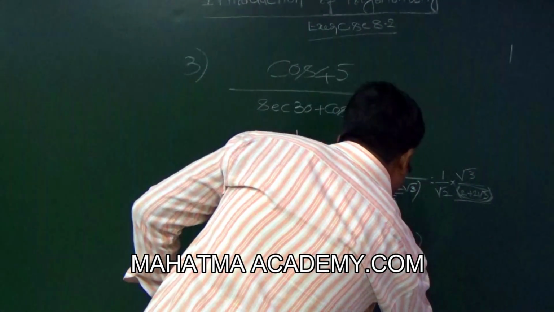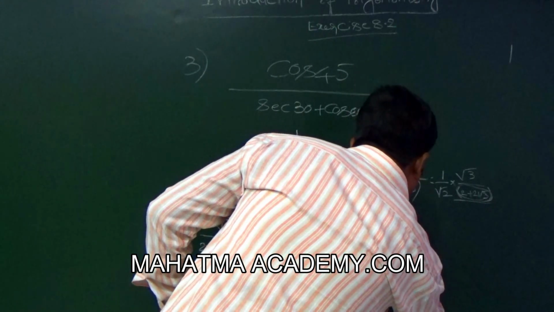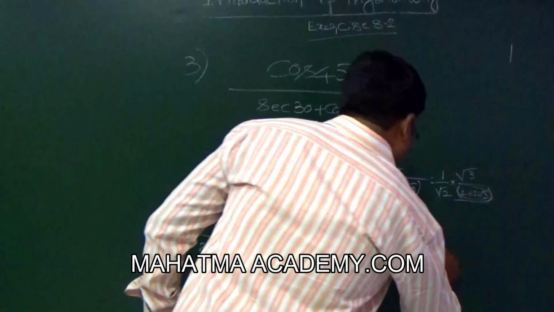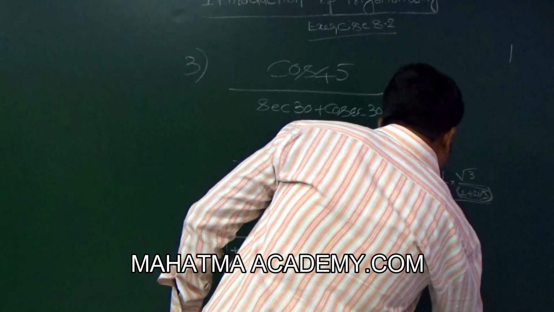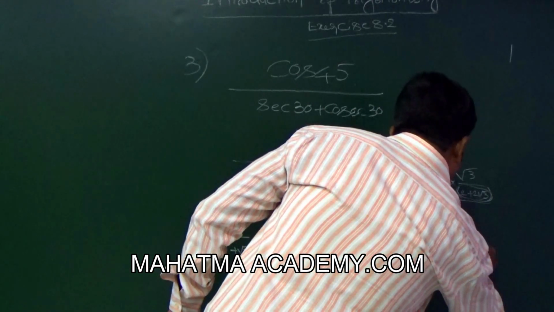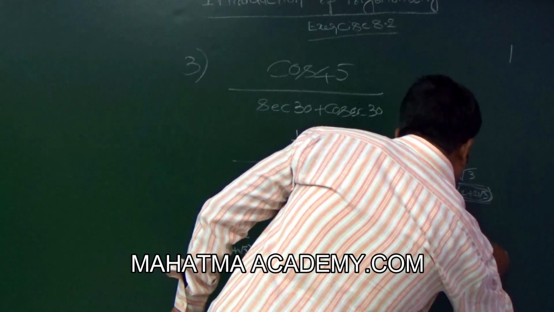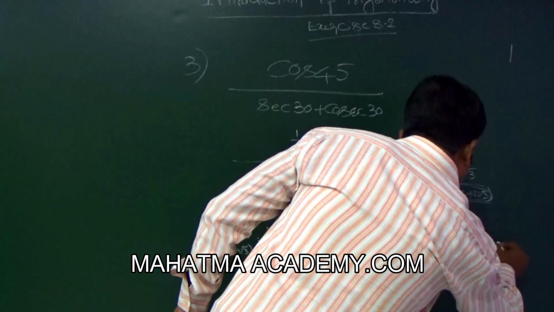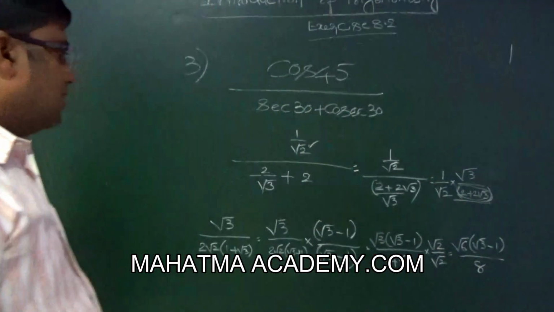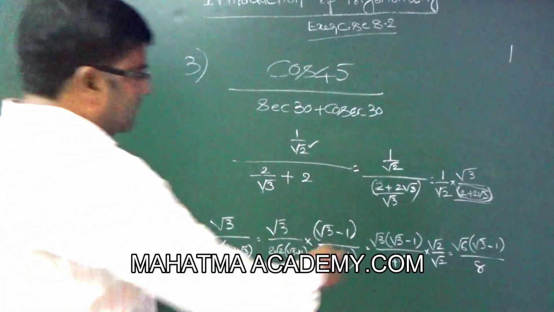Therefore, 4 root 2. You will get the 4 root 2. Again, multiplied with root 2. We will get root 6 into root 3 minus 1 upon 8. Again, we simplify this one.